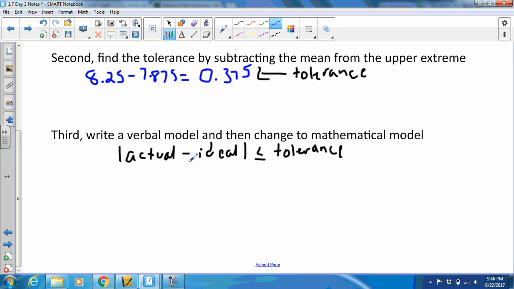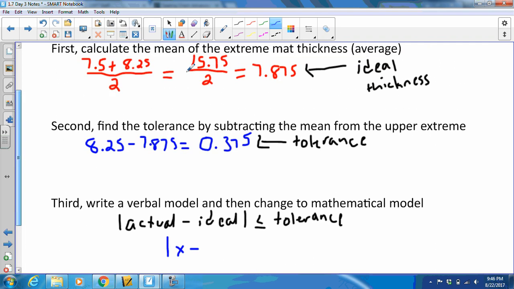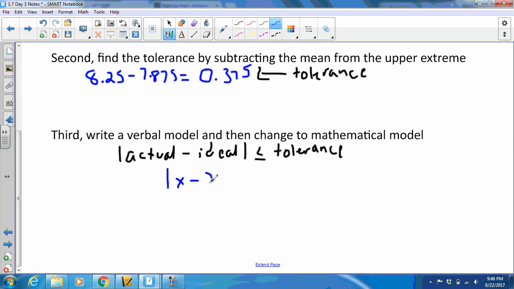And so now all we do is we plug that in. Actual will always be your variable, so if you use x, it will always be x, or any variable you use. Ideal, remember that was our 7.875. So we write 7.875. Close the absolute value, and then we write our inequality, which is less than or equal to.